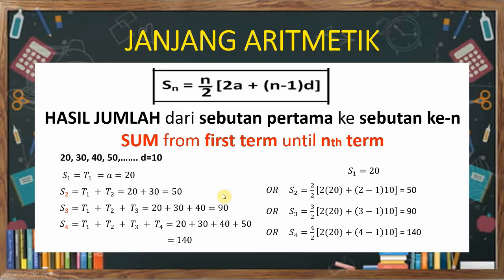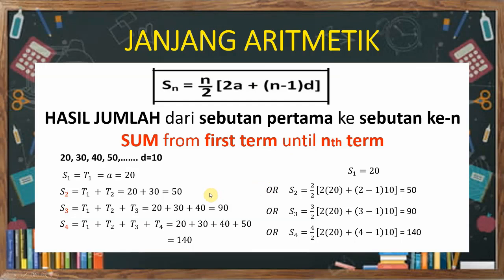If you are requested to find S100 or S50, how are you going to find out all the terms and add them up? It is very cumbersome. So we use this formula, where we can get the sum from the first term until the nth term easily. See how it works.